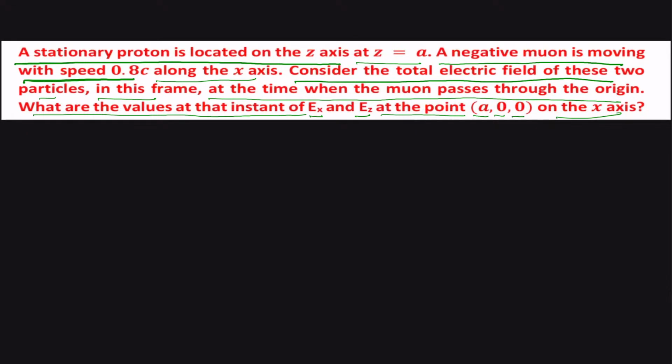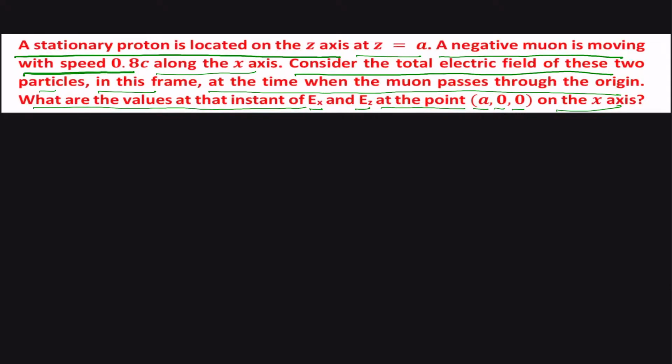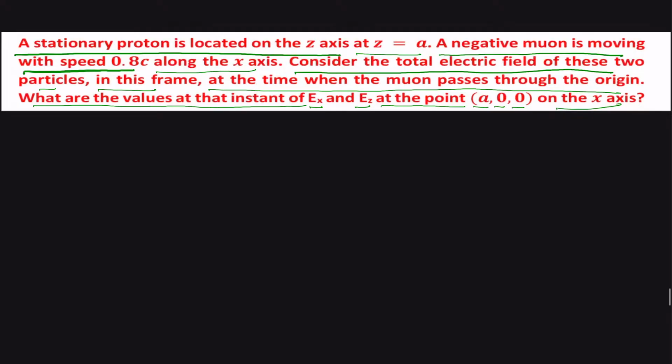So let's find out the field of the proton. And the proton is at rest. So if the body is at rest, we can simply use the basic formula to find out the electric field. So field of the proton.